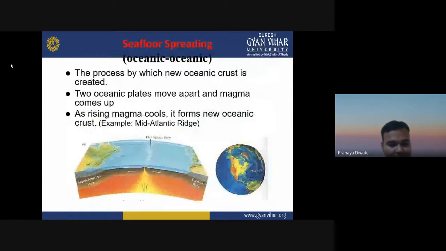Then you have seafloor spreading. What is the concept of seafloor spreading?